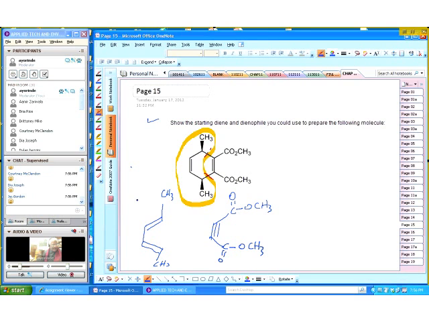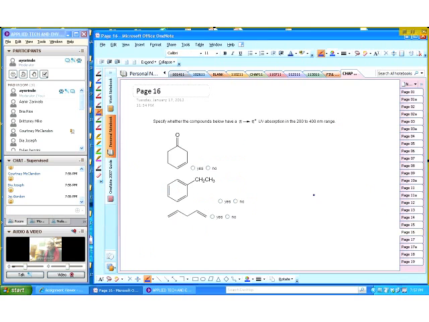Melat, if your mic is working now, can you read the next question for us? Let me see where that is. This question here. Specify whether the compounds below have a UV absorption in the 200 to 400 nm range.